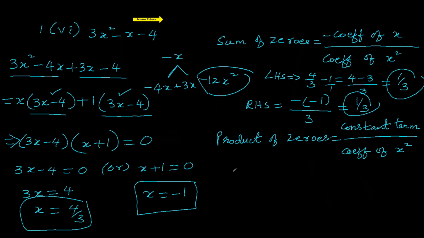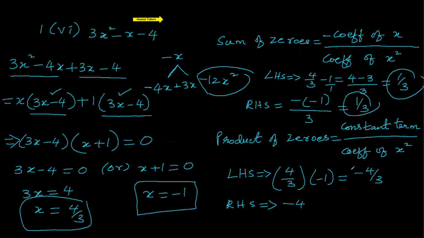Let's do the product of the zeros. LHS product 4 by 3 times negative 1, which is simply negative 4 by 3. RHS. What is the constant term here? Negative 4. So whenever you consider the coefficients and constants, please take along with the given sign.